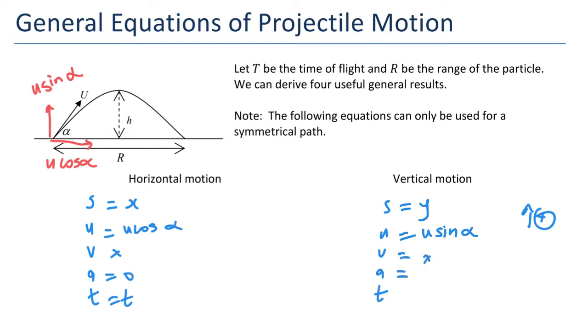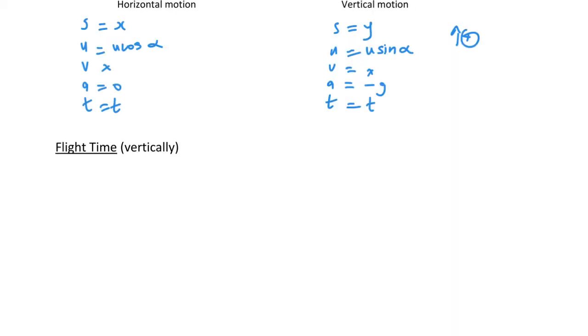The acceleration is gravity, so it's going to be minus g, because we're taking up as positive, and the time taken to reach whatever point we're looking at is going to be t. So if we want to think about the flight time for vertical motion, the flight time is the time that it takes to return, or stop flying, so it returns to the ground again. In that case, s or y is going to equal 0.